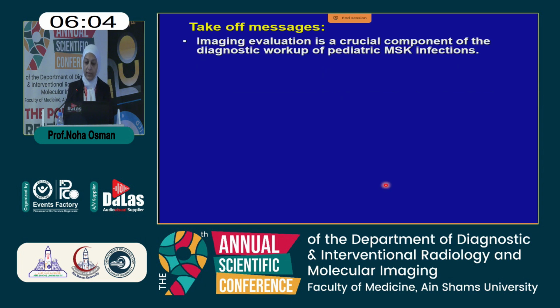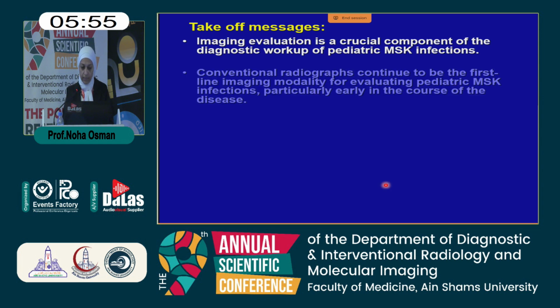So my take-home messages today: imaging evaluation is a crucial component of the diagnostic workup of pediatric musculoskeletal infections. Conventional radiographs continue to be the first line of imaging modality for evaluating pediatric patients with musculoskeletal infections, particularly earlier in the disease course.